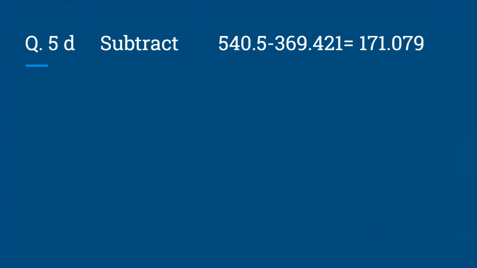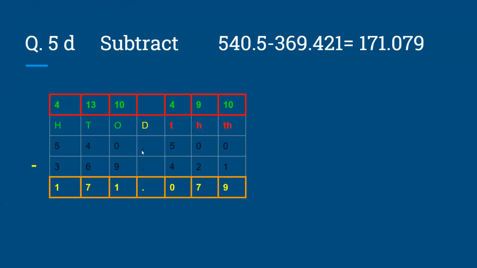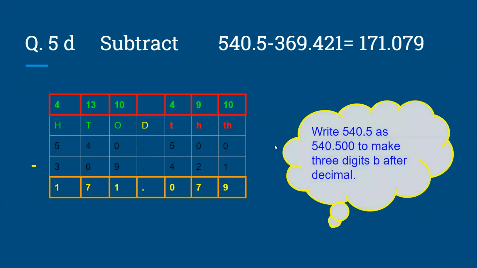So we will put 2 zeros after 5 so that the larger number, the minuend, will also have 3 digits after decimal. Then only we can do subtraction. Look here. We have written the question. First of all, write the chart. Now this number will become 540.500.